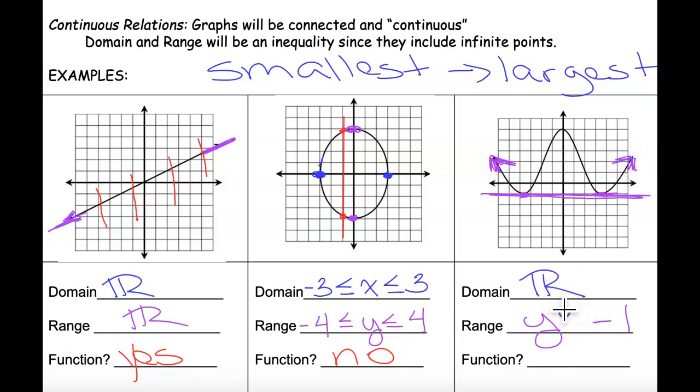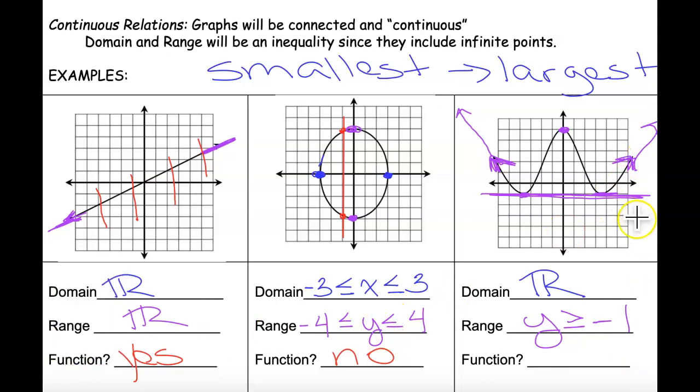And so our inequality sign is going to say that y has to be greater than or equal to -1. Any number bigger than -1 and including -1. This point here, even though it looks like the highest point, because of the arrows, it's not. These keep going and it goes higher than that point is.